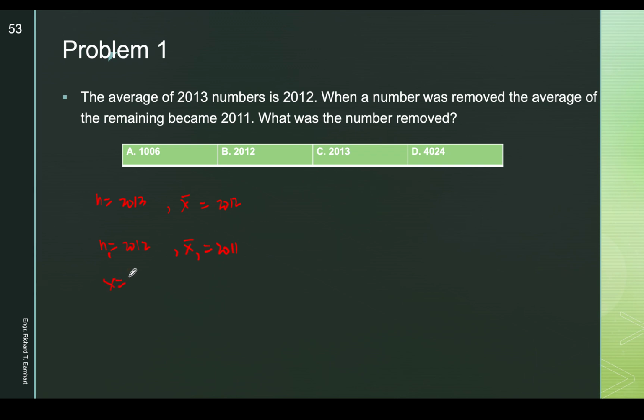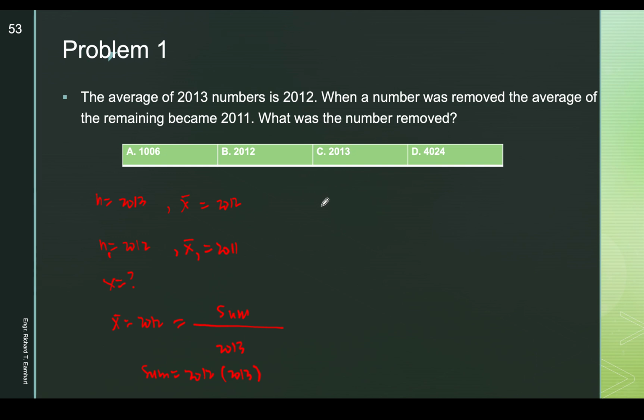So let the number removed be x, no? So the mean 2012 is equal to the sum of all the numbers divided by 2013, and the sum will give you the product 2012 and 2013.